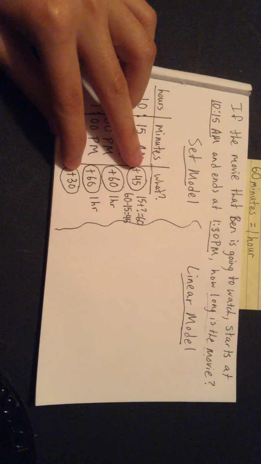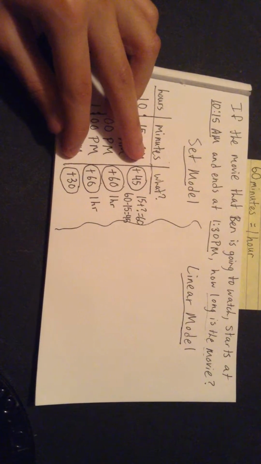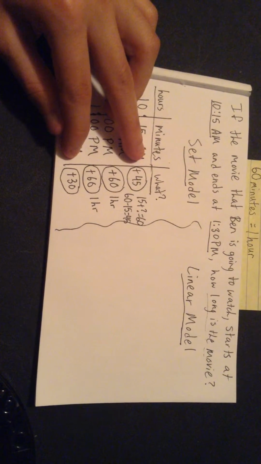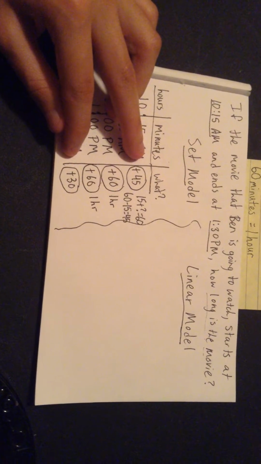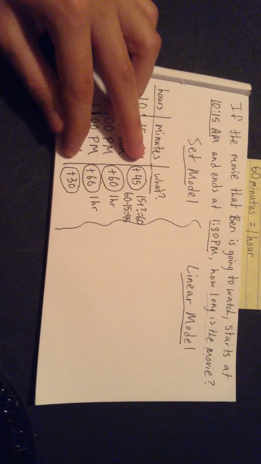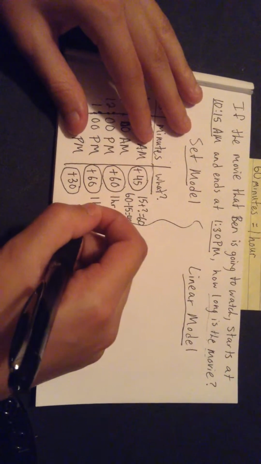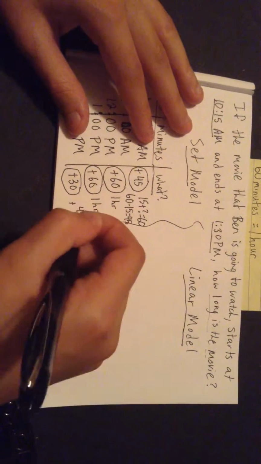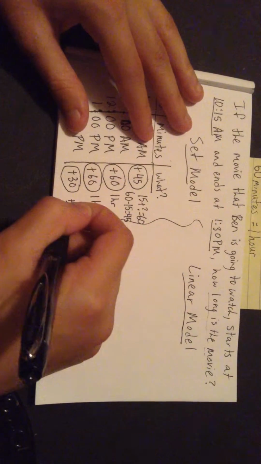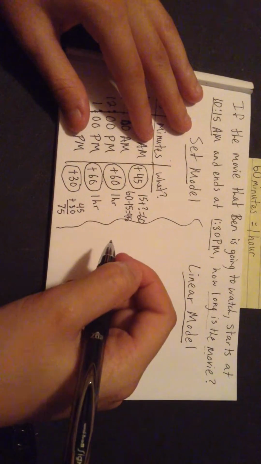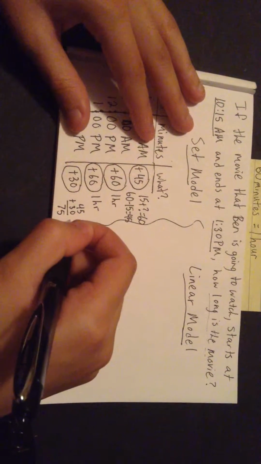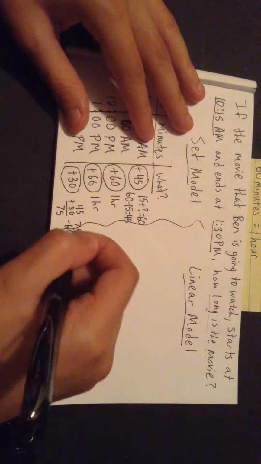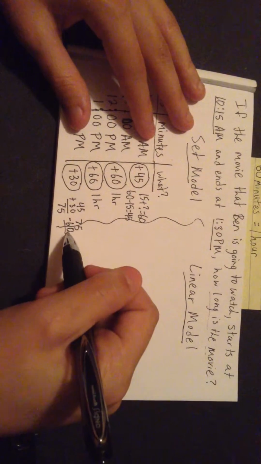But if we add those, we'll get 75, which is more than 60. So we can regroup 60 of those minutes to get 1 more hour. So let's show this. Well, 45 plus 30 equals 75, right? But 75 minus 60, because we're going to take 60 of those minutes.